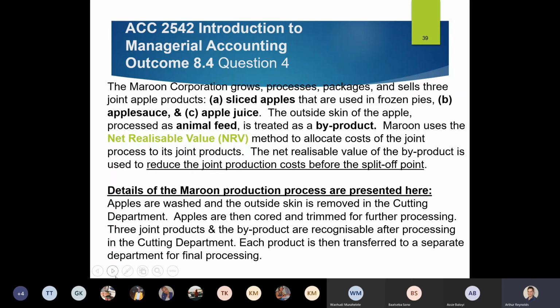Then the apples are cut and trimmed for further processing. Three joint products and the byproduct are recognizable after processing in the cutting department. Then they're sent to the different departments for further processing.